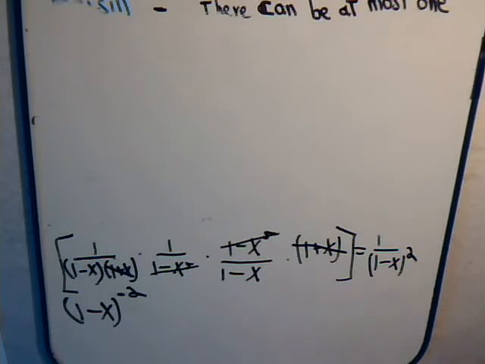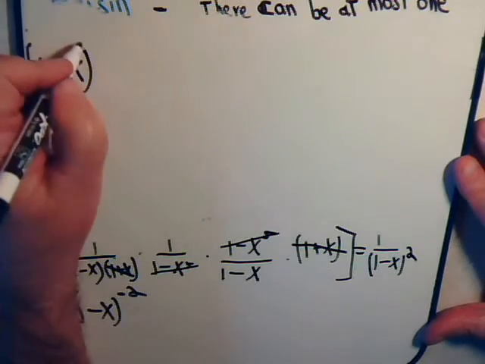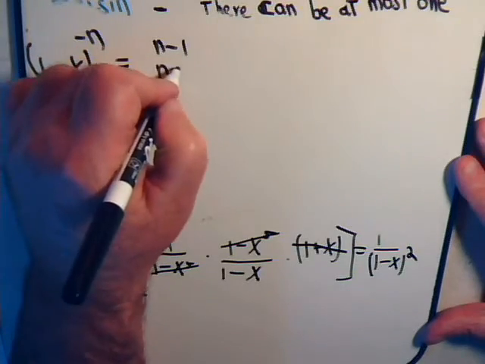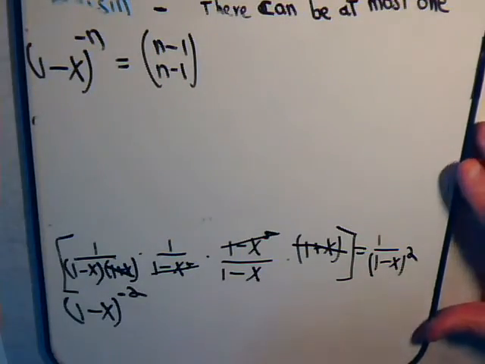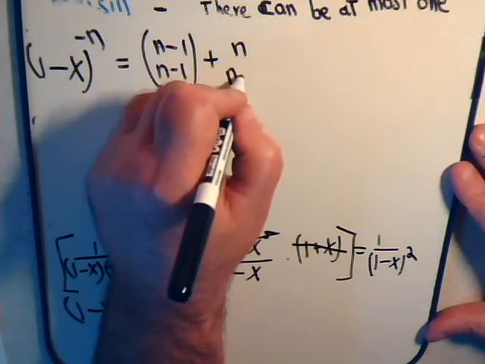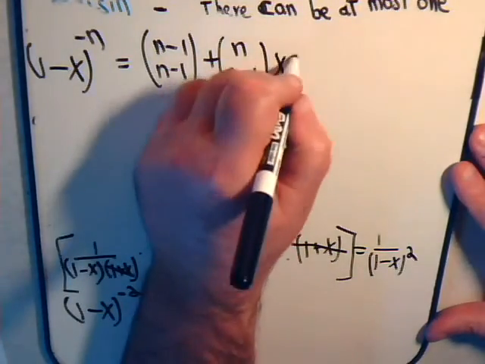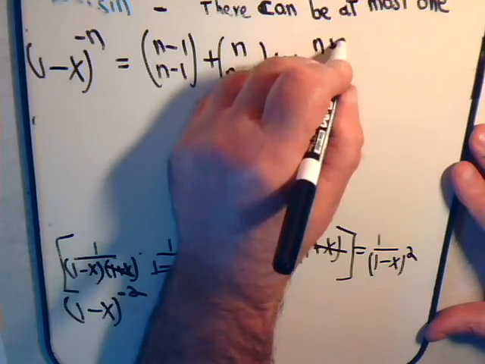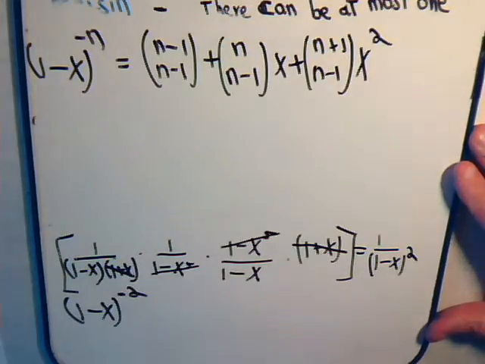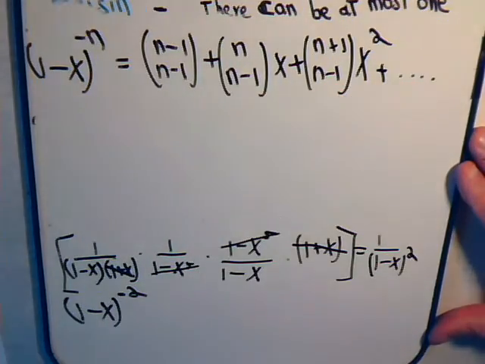We know that in general the formula is this binomial coefficient, which is just 1. We write it like this so it's easier to remember the pattern. Like this times x. And remember, this continues all the way on out to infinity.